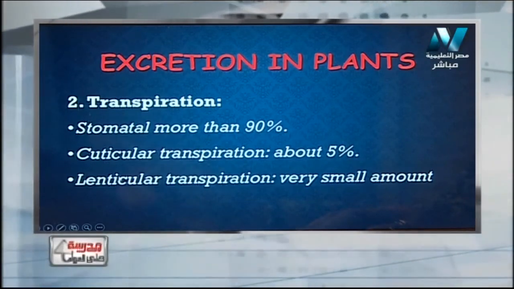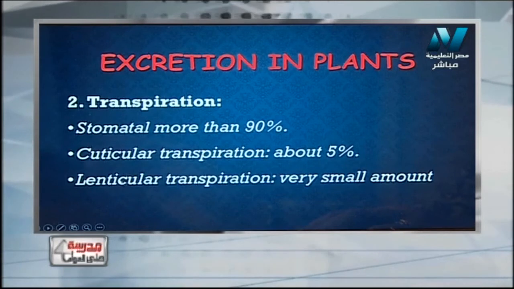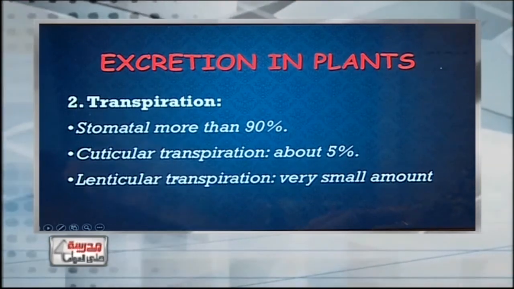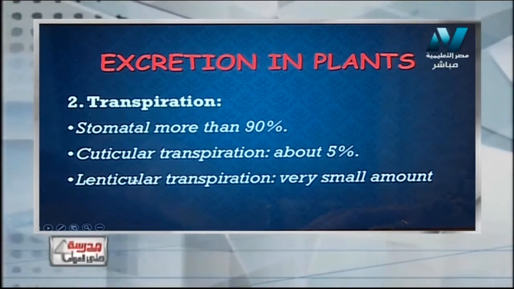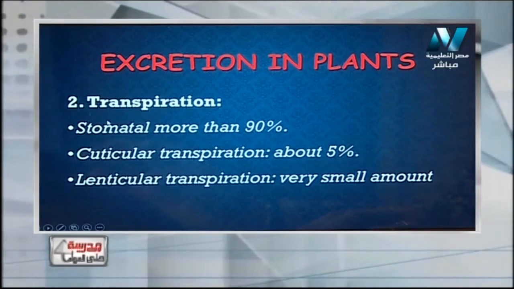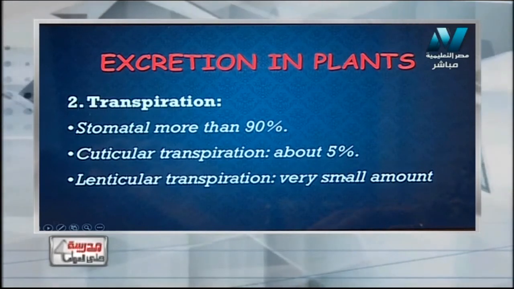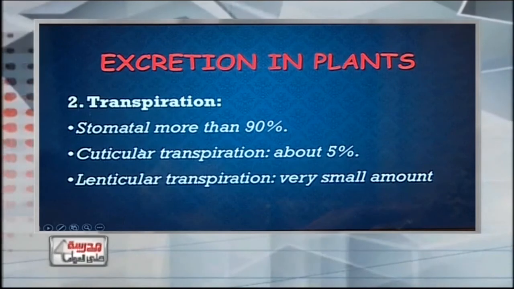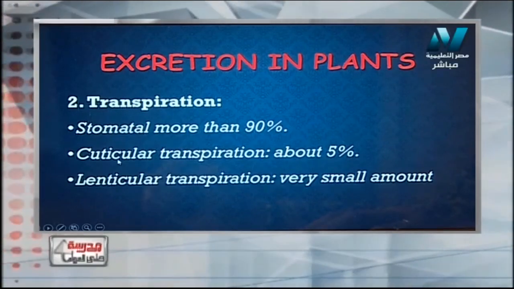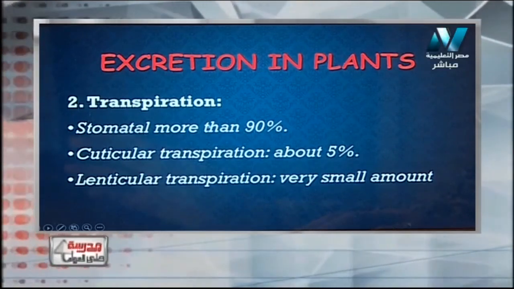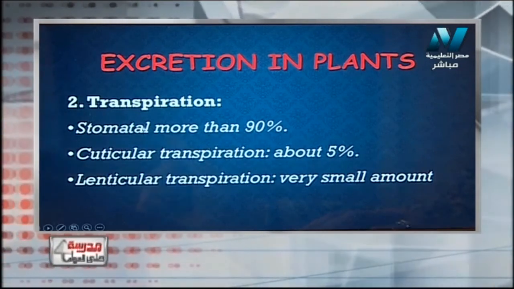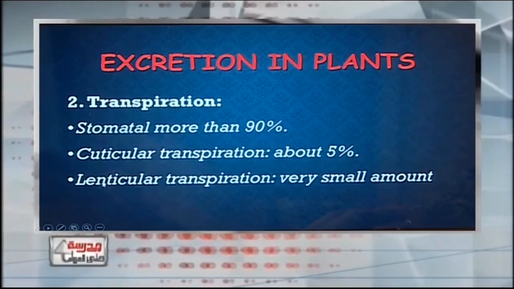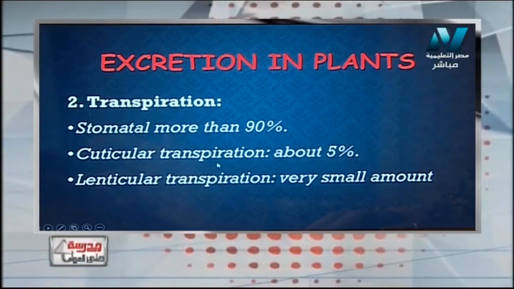And through these lenticels, some of the water comes out from the plant, and we call it lenticular transpiration. And it is a very small amount. Okay, now we have three types of transpiration: transpiration through stomata, which we call stomatal transpiration, cuticular transpiration, and lenticular transpiration.